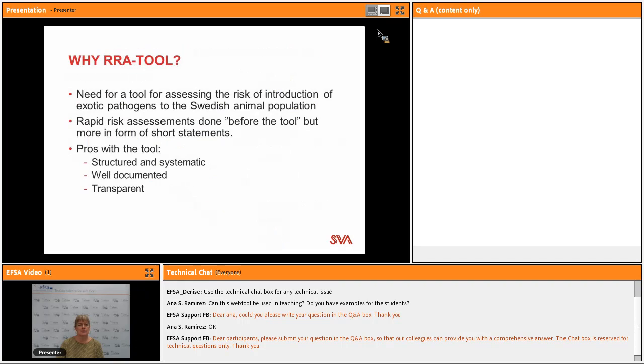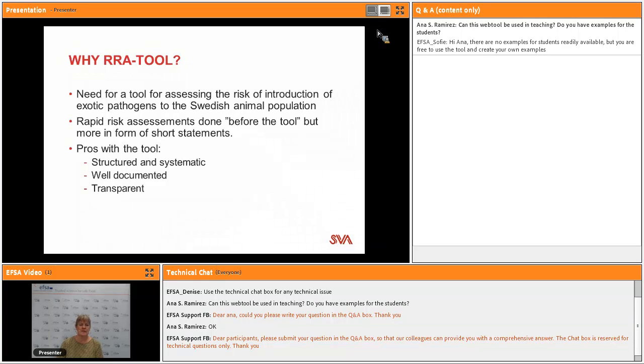So why did we want to develop this rapid risk assessment tool? There was a need to communicate these type of assessments to our manager, and we wanted to develop the tool to get a systematic way to assess the risk of introduction of exotic pathogens to the Swedish animal population.